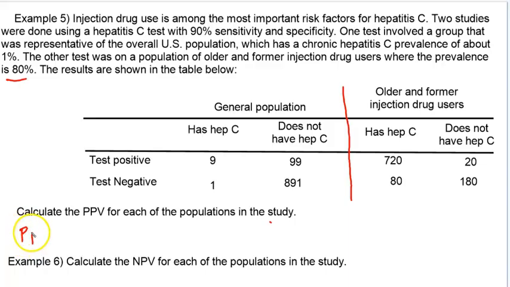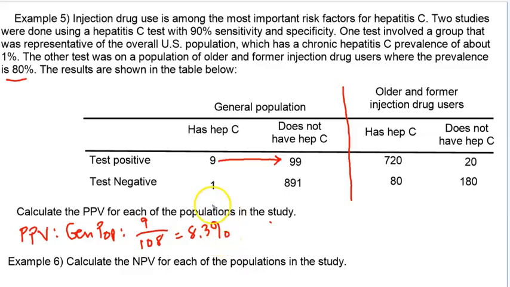So let's calculate the PPV for each of the populations. So just thinking about our previous slide, we go across the top. I'll do the general population first. So we take 9, and then we put that over the sum of 9 and 99, which is 108. And our normal procedure here is to do percent form in one decimal place, so that would be 8.3% for the general population.